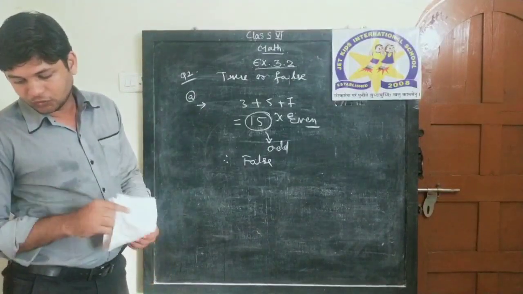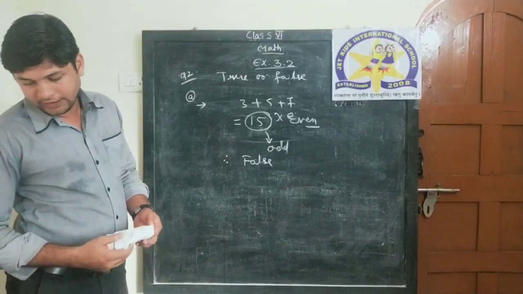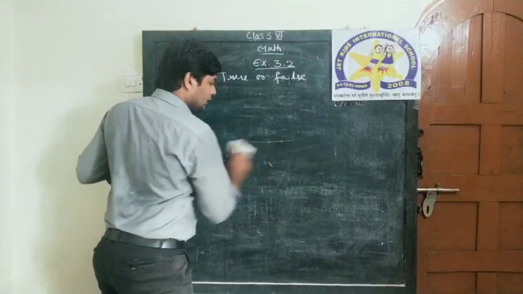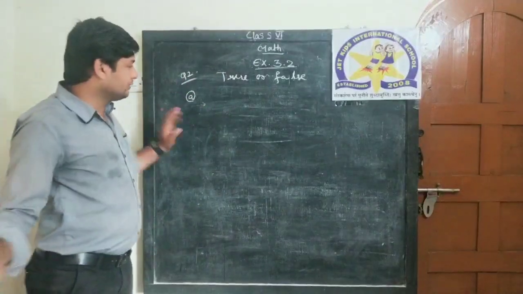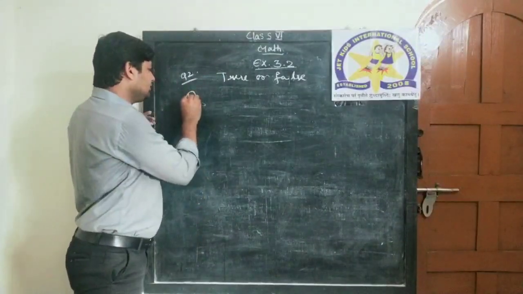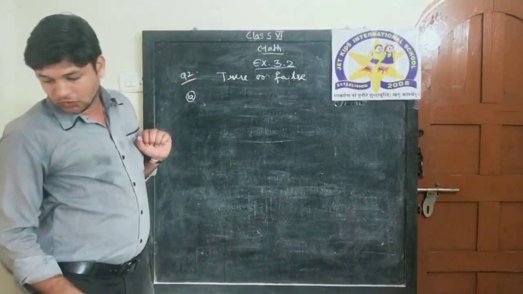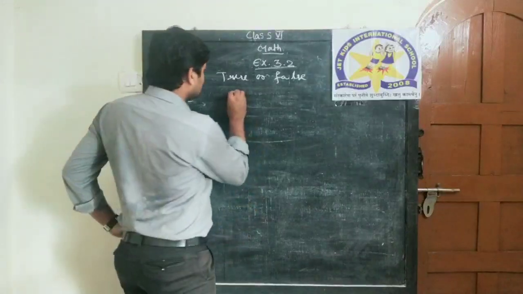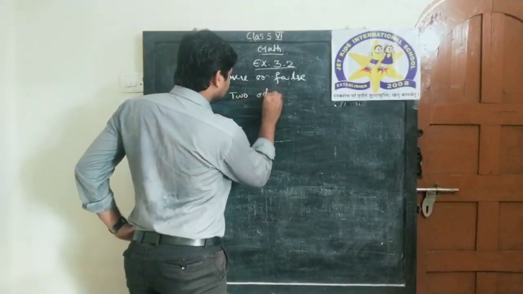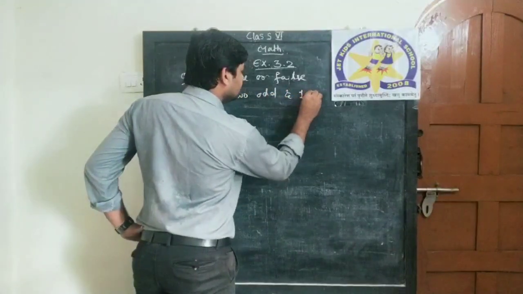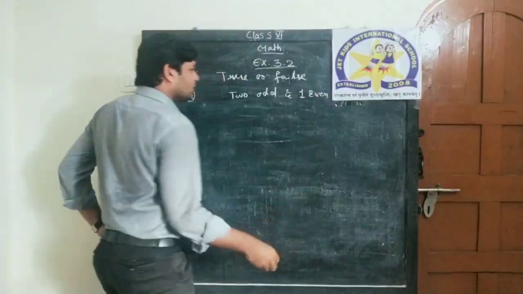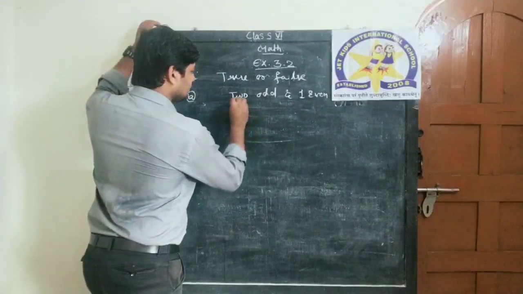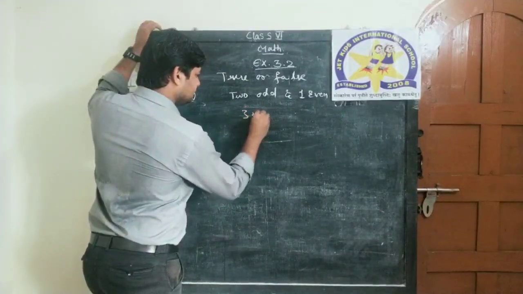Clear? Next question: the sum of two odd numbers and one even number is even. We saw three odd numbers in A; now in B we will discuss two odd numbers and one even number. So I am writing two odd and one even. Take the basic ones: two odd, 3 plus 5.